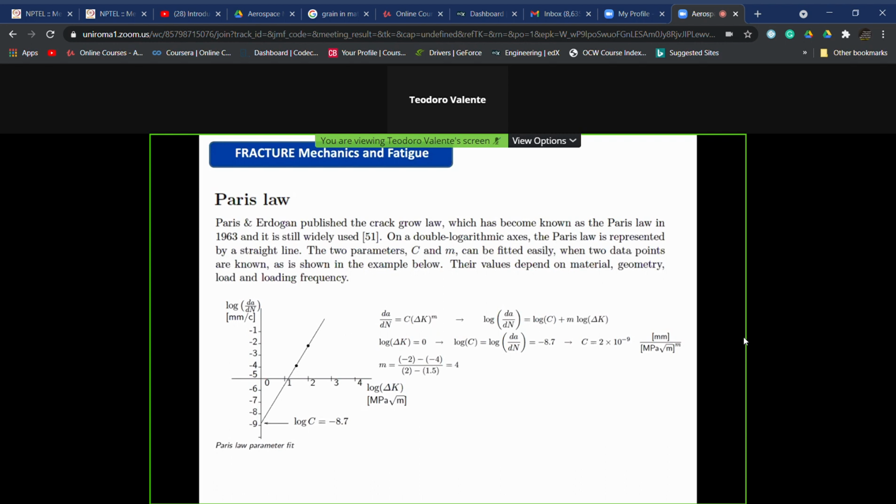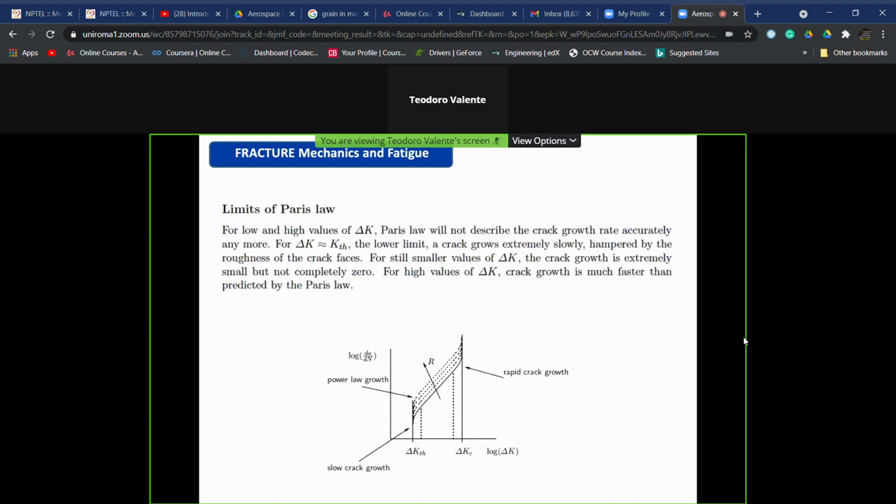By calculating the slope of the interpolating straight line we obtain the exponent M, and from the intersection of the straight line with the y axis we are able to calculate the constant C, and thus we can use this formula for our numerical evaluations.